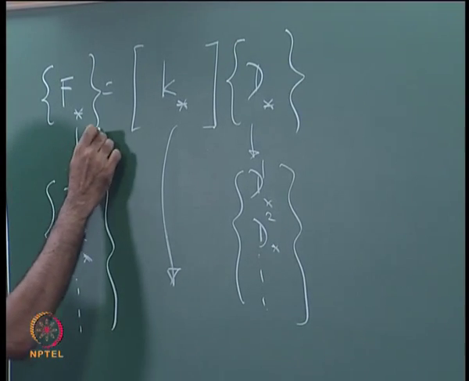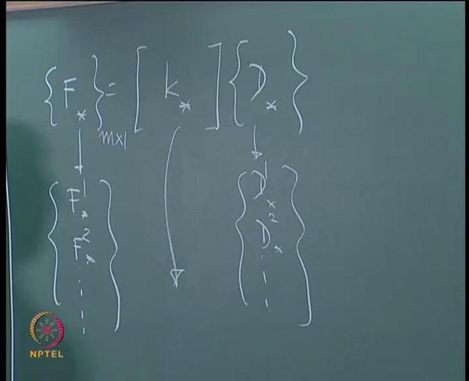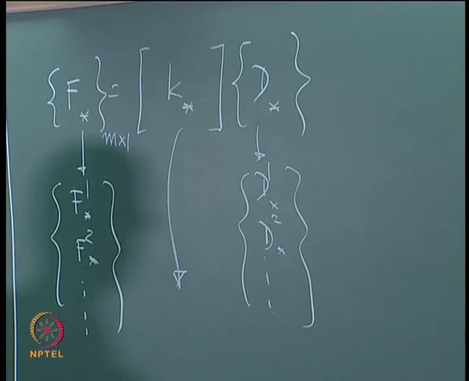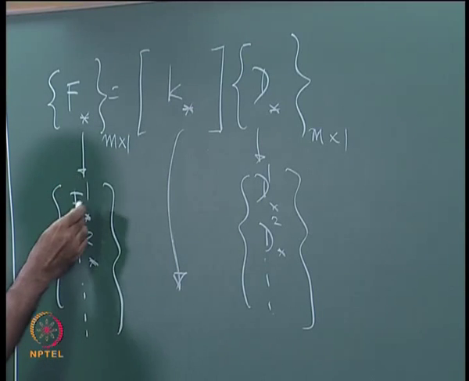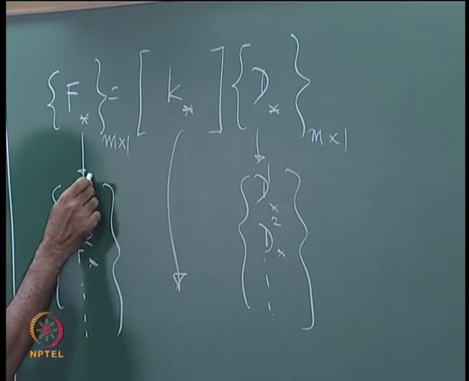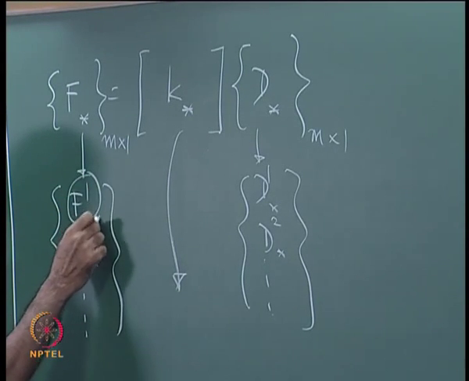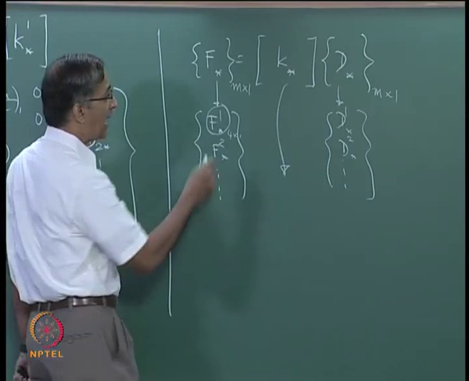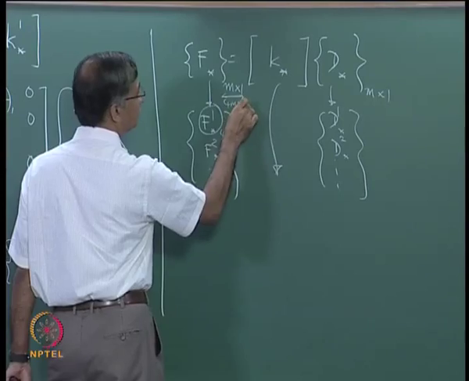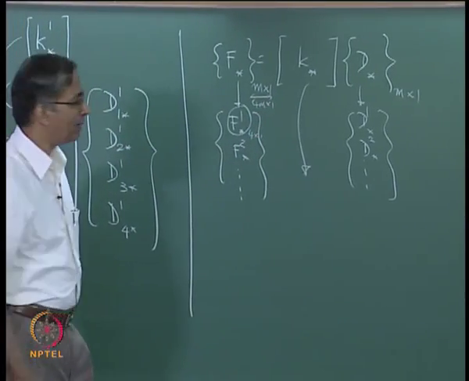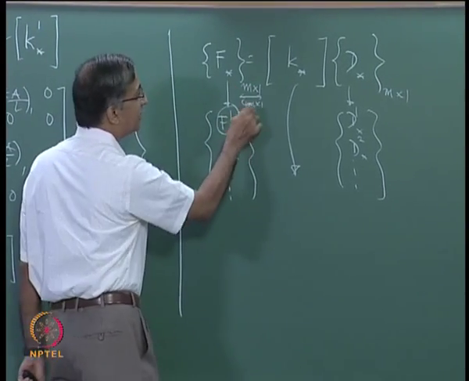Let us say this is dimension m by 1, m members, and each of them will be 4 by 1. So the actual size will be 4m by 1, right, but let's look at the sub matrices and not worry about this.